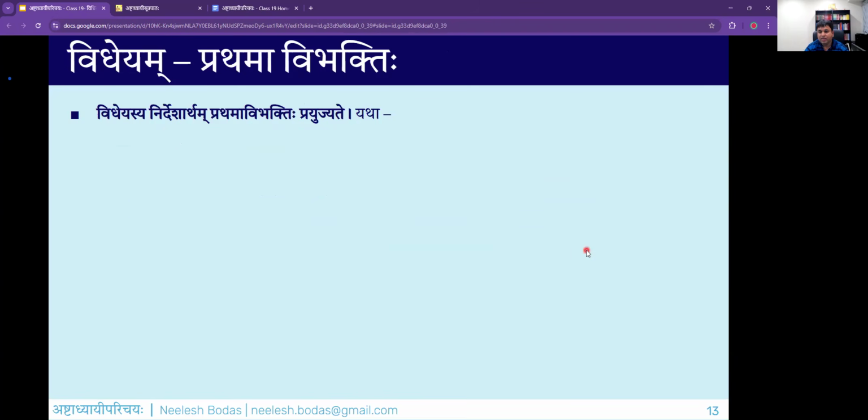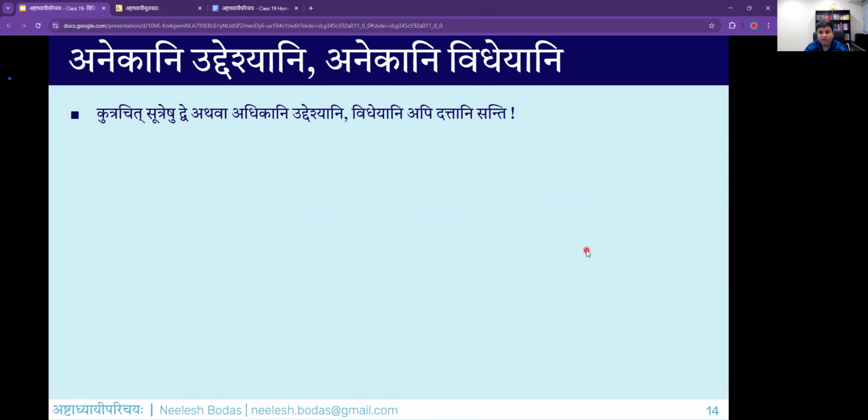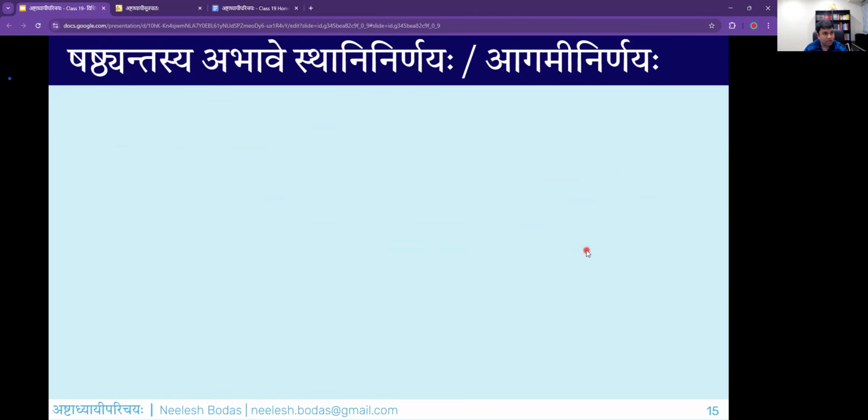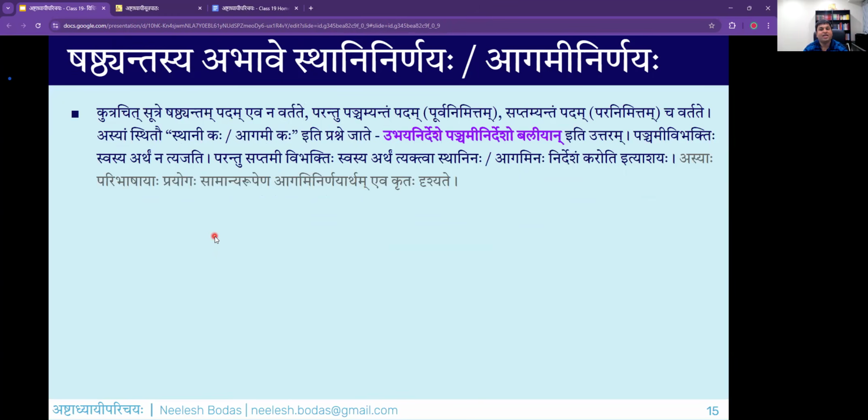More interestingly, the question comes when a particular sutram, including anuvrittis and so on, has a paranimittam, it has a purvanimittam, but there is no particular visible sthani. So in any of the sutras, you don't see a shashtyantam padam that can be brought in.